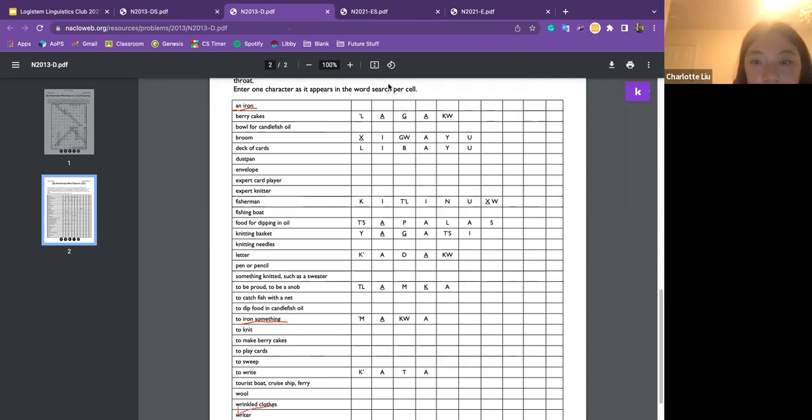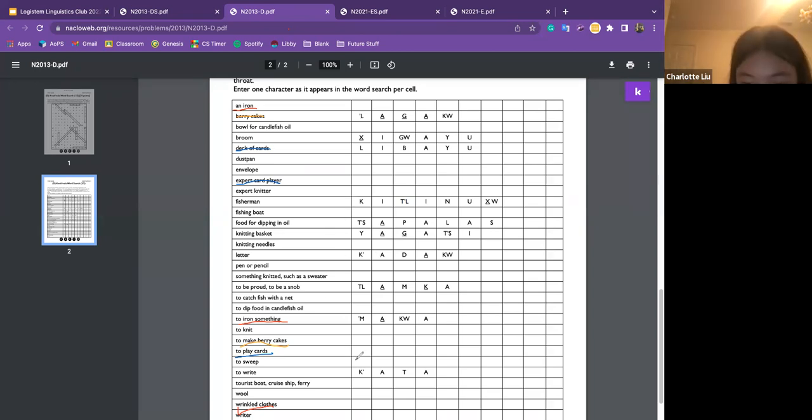Another example: we have expert card player, deck of cards, to play cards. And each one of these matches up with something like berry cakes, to make berry cakes. So one thing you're going to observe is that, letter and to write, that's an example. All the words that are similar to each other have the same first two letters.